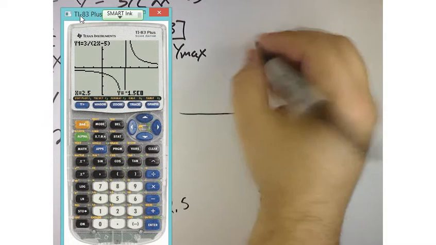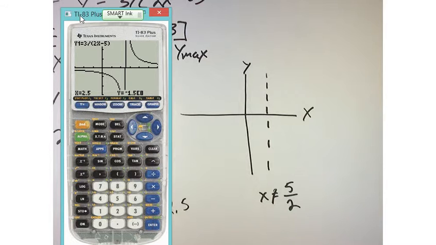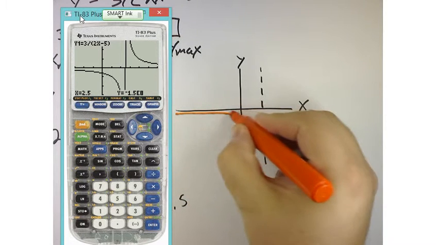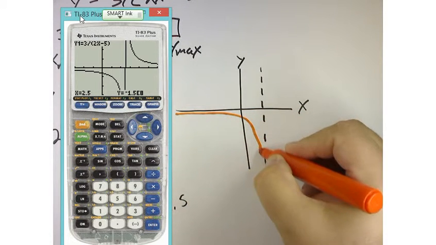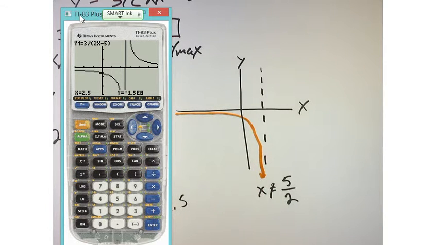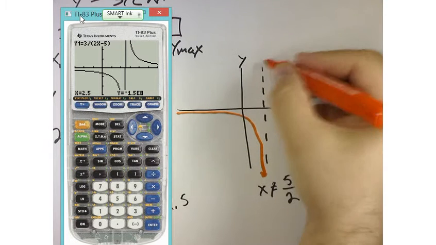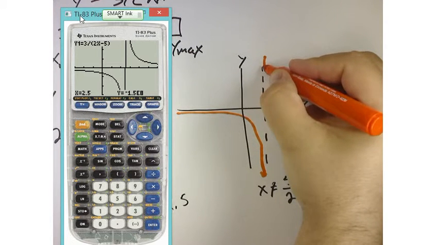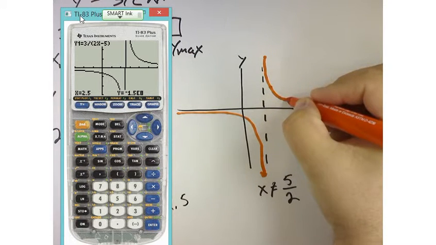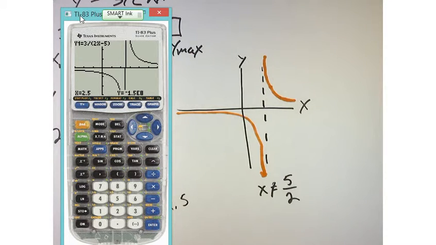So this is our y-axis, this is our x-axis. What we're really doing here is graphing this function in a way that as it gets closer and closer to 5/2, it will never equal 5/2, but it'll get close. Now if we come on the other side of 5/2, it'll never equal 5/2, but it'll get close. And that's our function.